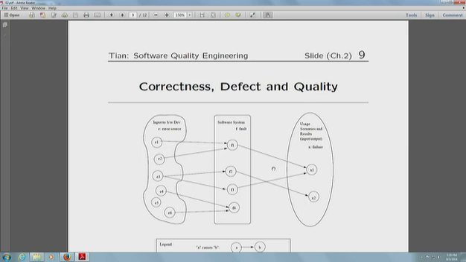Yes? So if there is a fault that doesn't cause a failure? There are possibilities. How can we know that there is a fault? Probably when you do the inspection. For example, you have a fault here. You did something wrong, but then you did something wrong again.